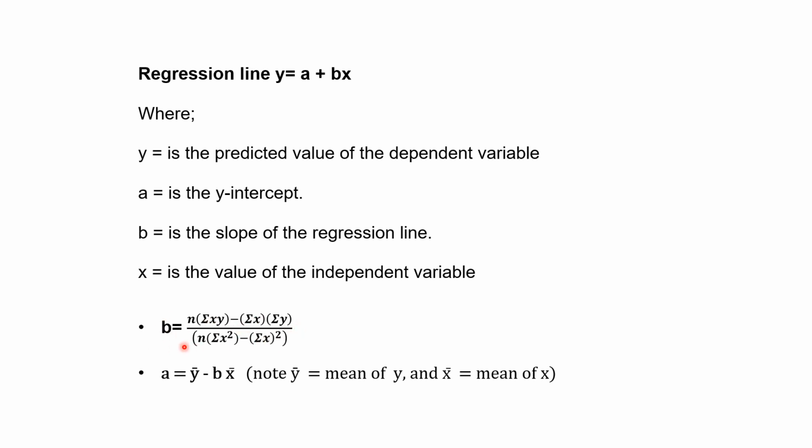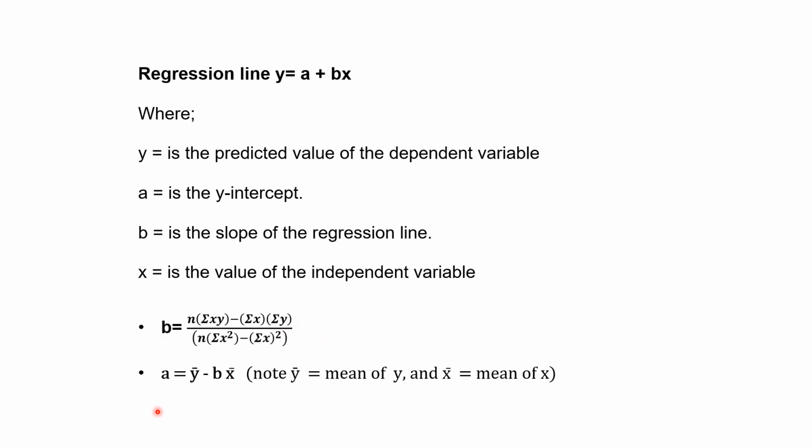The only difference with this b, that is the slope of the regression line, is that there is no square root and there is no information for the y, that is the dependent variable, the equation for the y variable. So you only have this top numerator, which is similar to the Pearson correlation, and the denominator, which is similar to the Pearson correlation without the square root and the y equation.